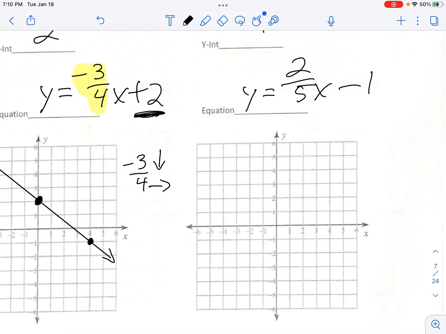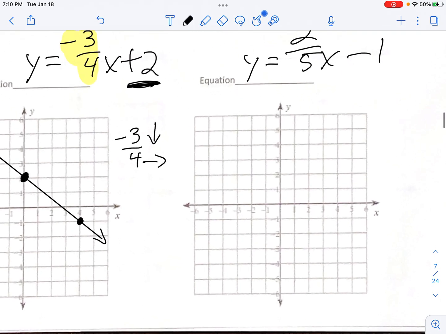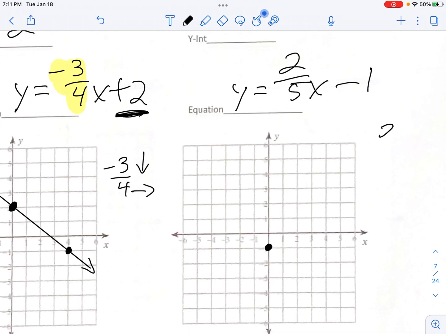All right, come into this one. So my y-intercept is -1, which is right here. My slope is 2 over 5. So I'm going to go up 2, right 5. So up 2 and right 5. And then obviously I can't do another one, so I need to go backwards.